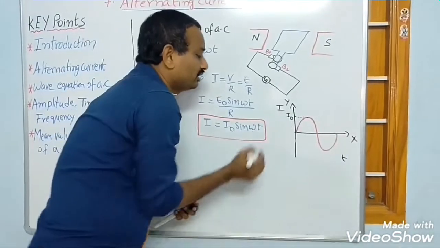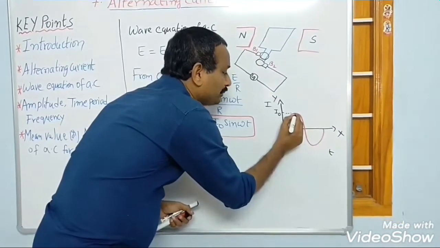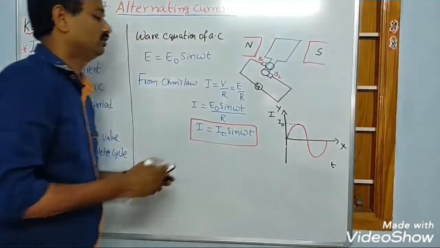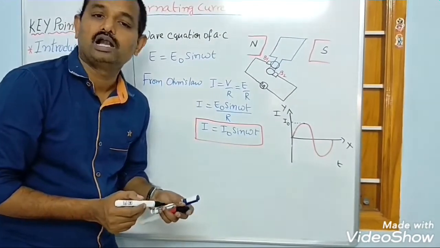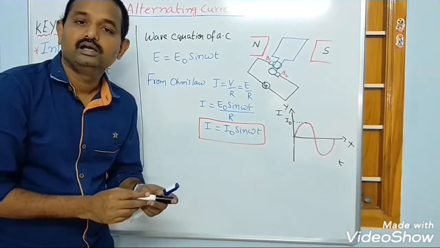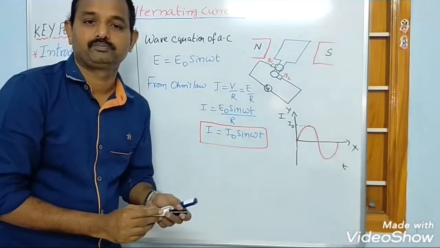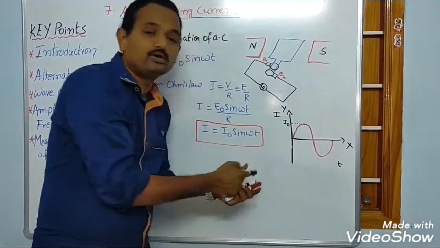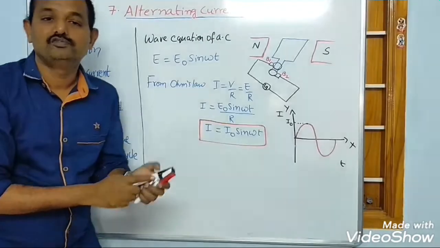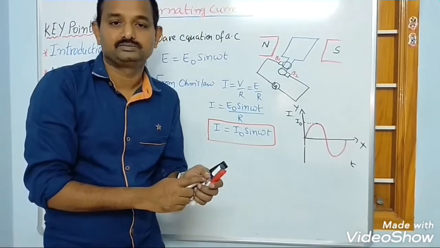See here the peak value, here the maximum value we have. And I means the instantaneous value of alternating current at any instant of time. That's about the wave equation of alternating current.